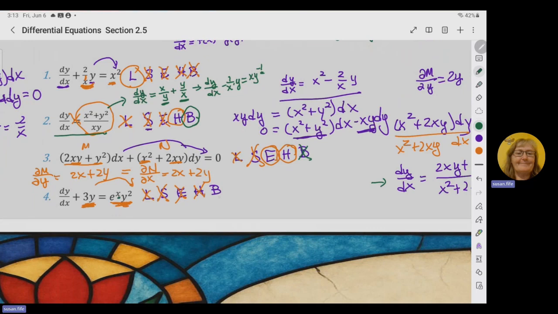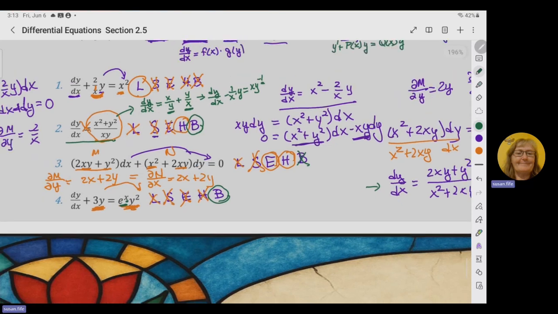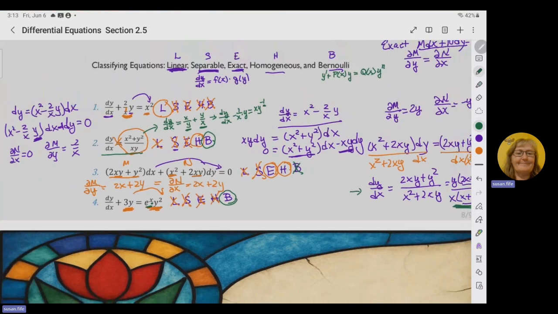And notice that it is Bernoulli. You have a function, you have the derivative plus 3 times y equals a function of x times y to some power. It's Bernoulli. So let's see, 1 was just linear, 2 was both homogeneous and Bernoulli, 3 was both exact and homogeneous, and 4 was only Bernoulli.